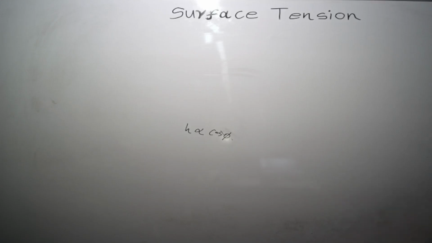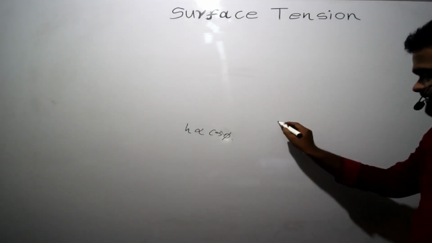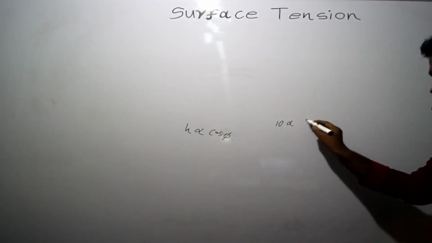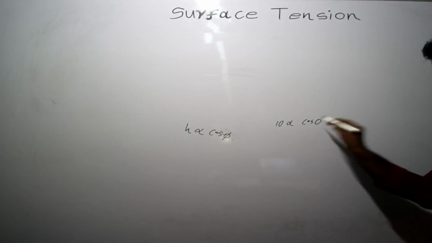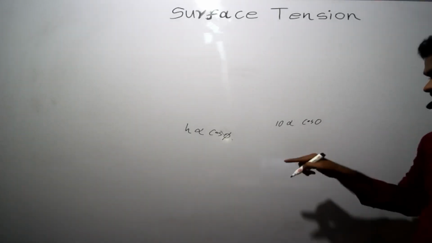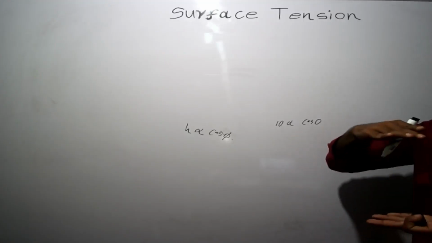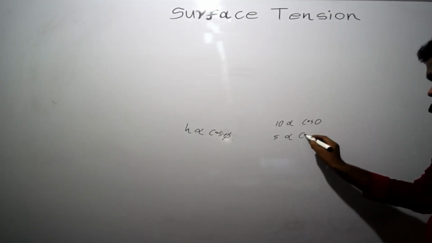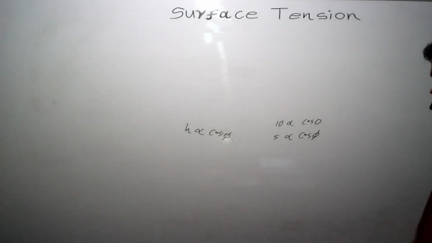So the first case, what is that? Capillary rise 10 centimeters, right? What's the contact angle? Cos 0. Second case, capillary rise is limited to 5 centimeters. Then what they ask is the new contact angle, let's say cos phi.